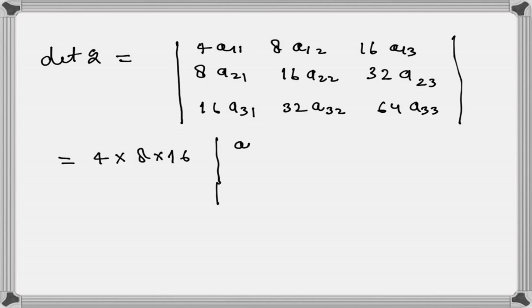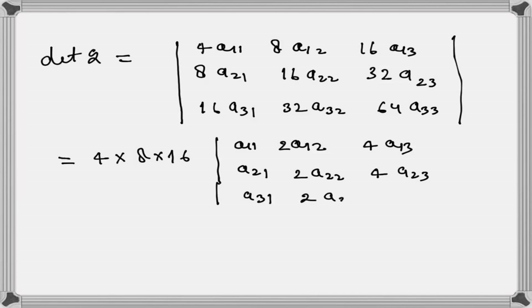Then we have a11, a12, 2 times a12, and 4 times a13, a21, 2 times a22, 4 times a23, then a31, 2 times a32, and 4 times a33.